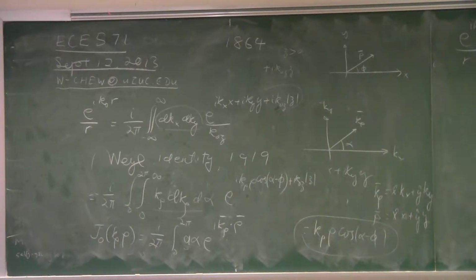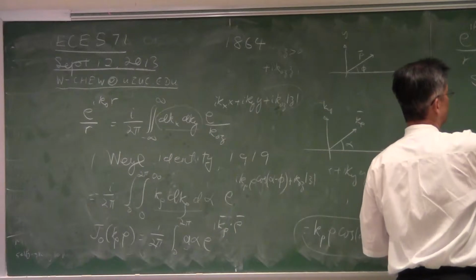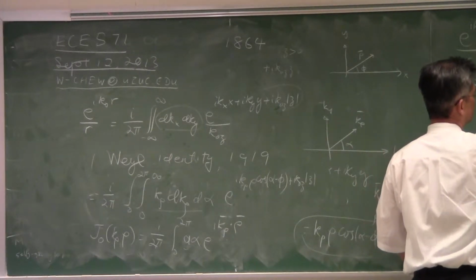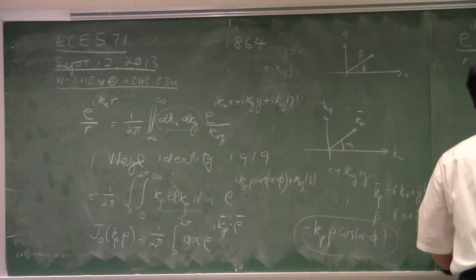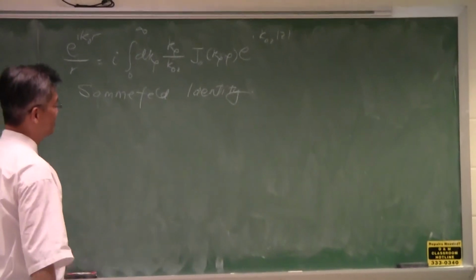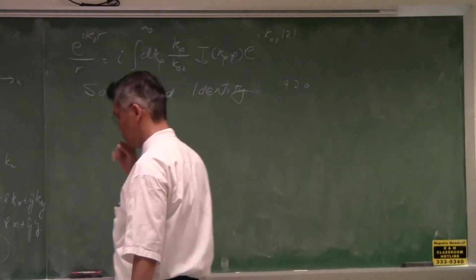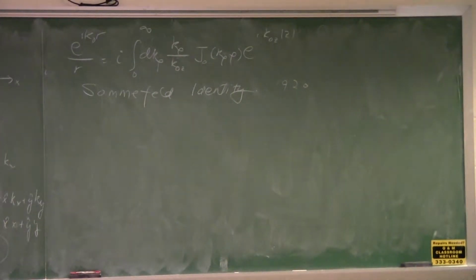Okay, that is called the Sommerfeld identity. I think it lives around 1919, too. I don't actually know when, but let's say it's 1920, around that period. I don't exactly recall when he came up with this identity.